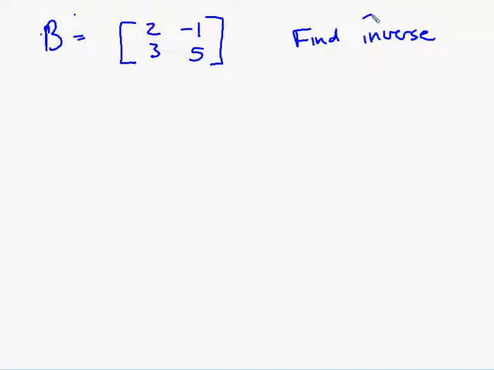It is invertible, it's square, and its determinant is not 0, but we'll find out about determinants tomorrow. So we're going to augment our matrix. We're going to write down 2, -1, 3, 5. We'll augment it with 1, 0, 0, 1, like this.